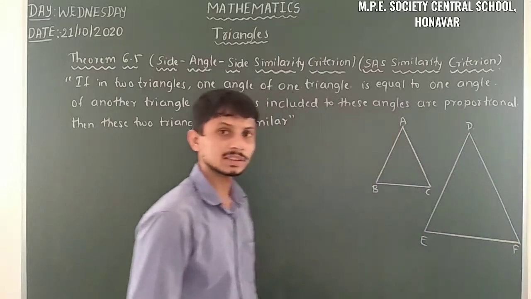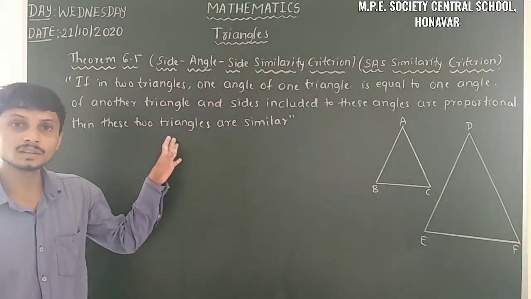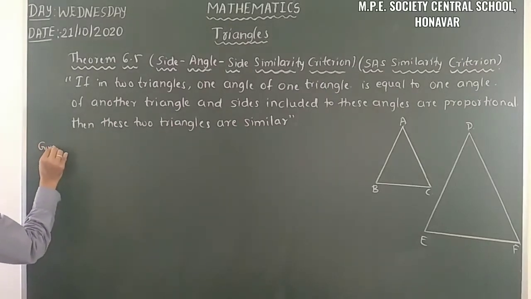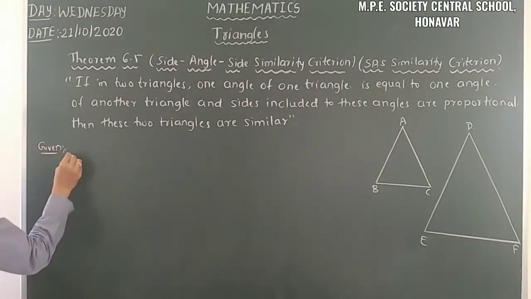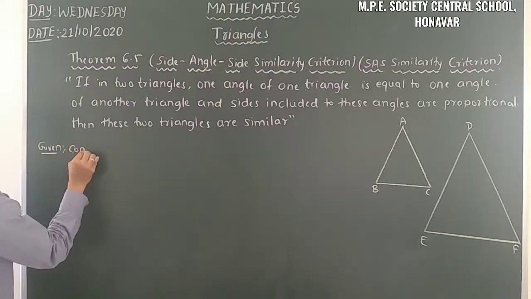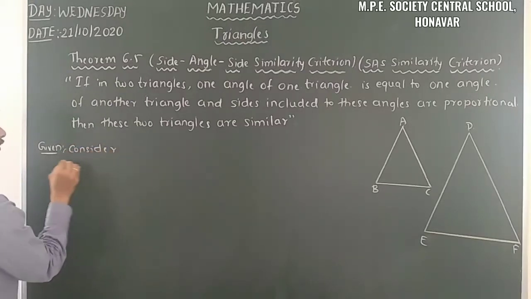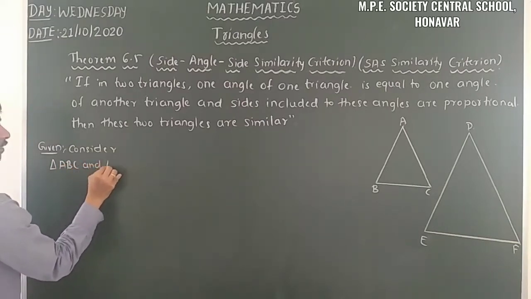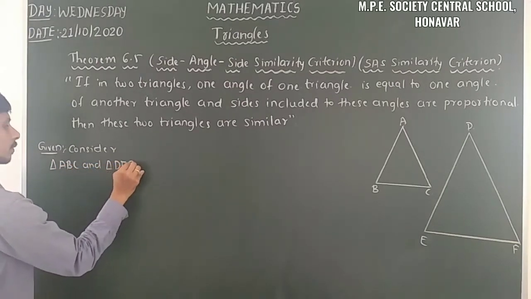So what are the given terms here? Firstly we have to write given. Given: consider triangle ABC and triangle DEF.